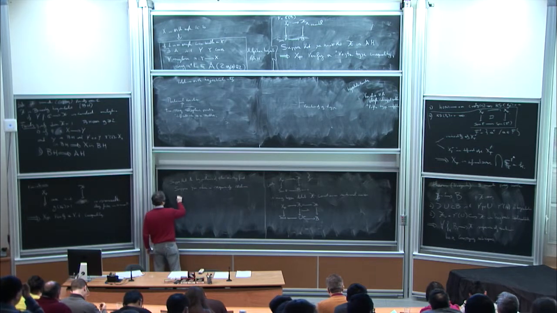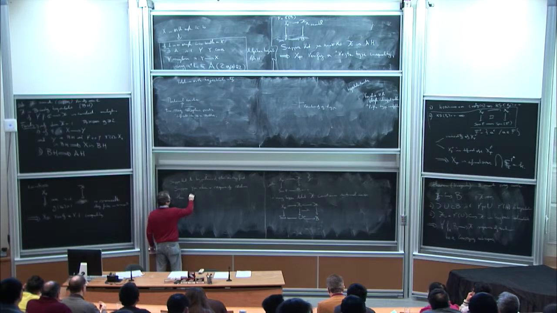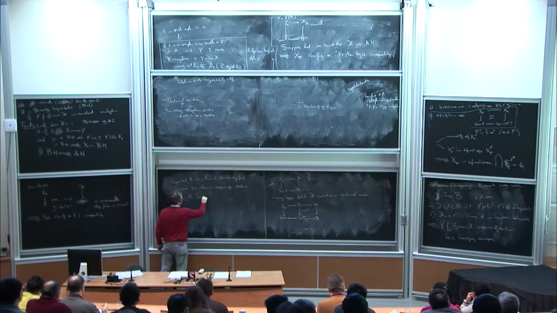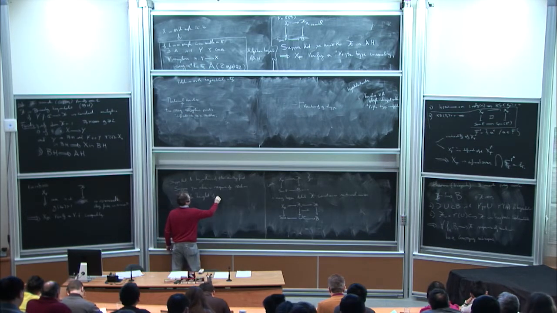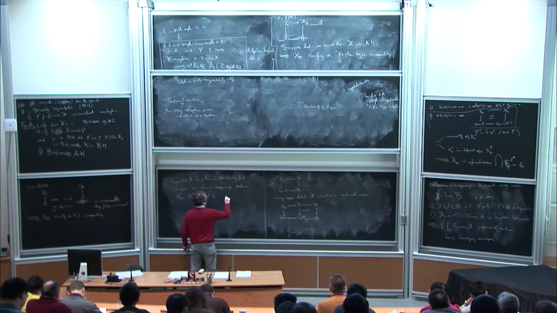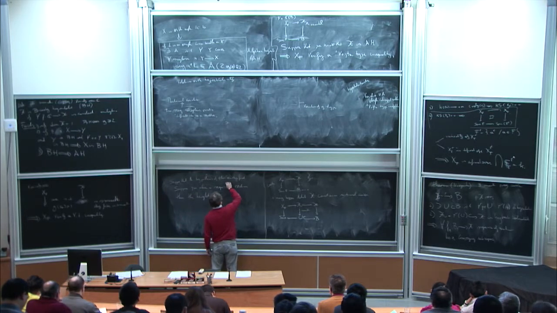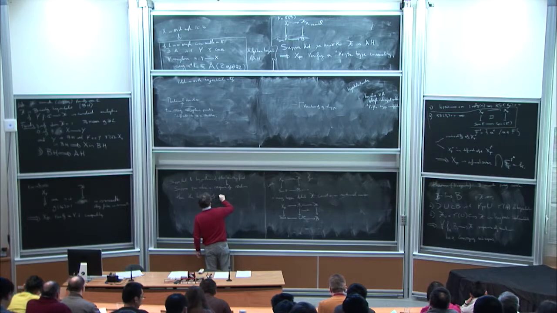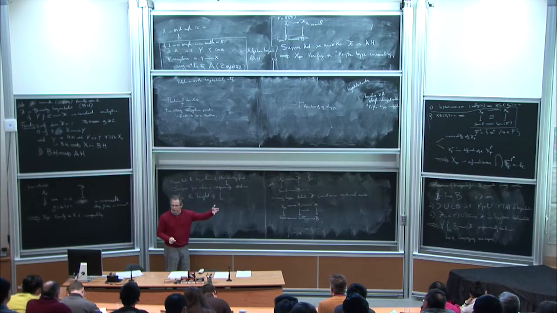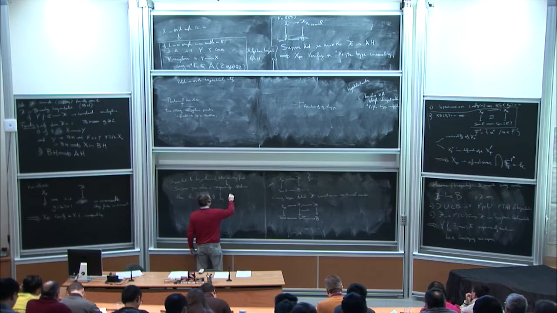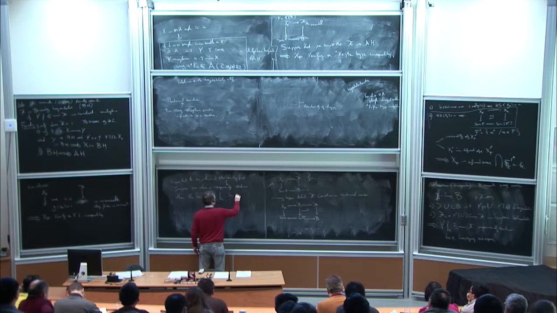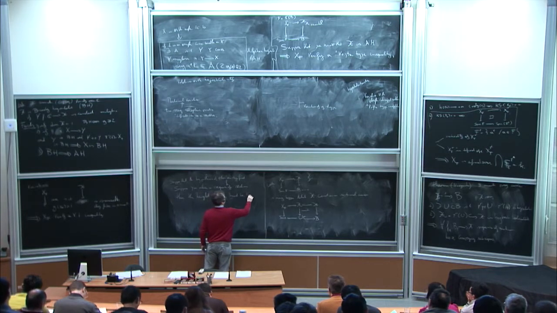Then the height of the sequence f_n, remember a section is a point, so you can compute the height with respect to an ample line bundle, must be bounded.